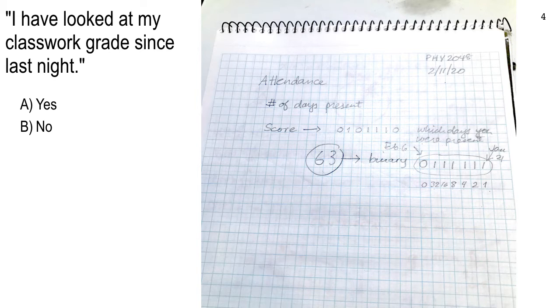And the other one is an attendance score, and that one is meant to encode the actual days that you were present. Now I wanted to make it a binary code, but unfortunately, Canvas will not allow me to post a binary number.